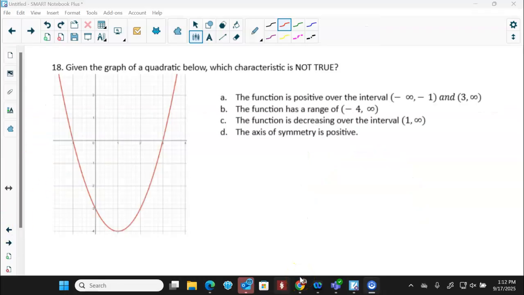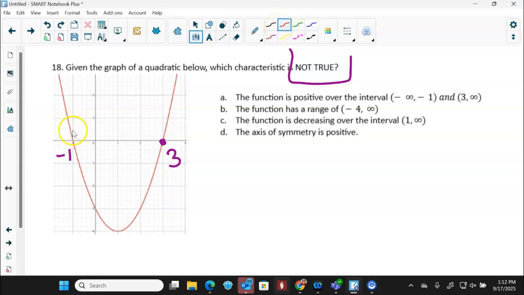All right, question 19 says, given the graph of quadratic below, which characteristic is not true? So false. Let's make sure we state that first. False, okay? So make sure we recognize that 3 is our intercepts and -1. Positive and negative. So remember that positive and negative, it's the ones that are above or below the graph.